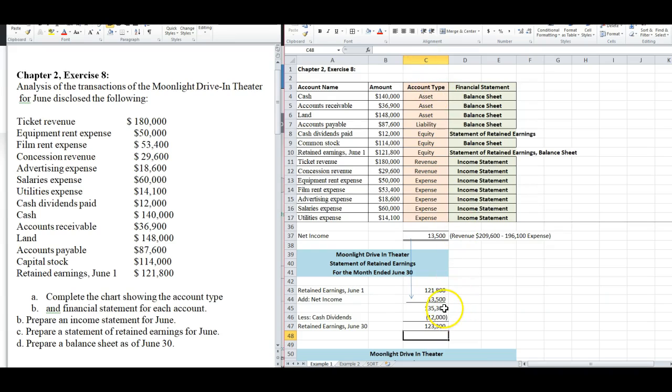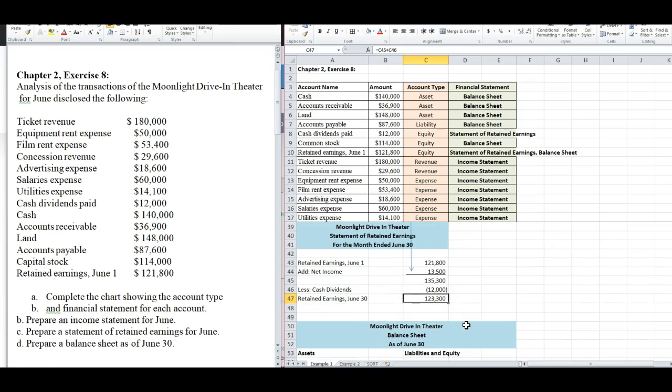So I'm going to take my beginning retained earnings, I'm adding net income, and I'm subtracting dividends, and that's going to give me the June 30th ending retained earnings of $123,300. I need that total from the statement of retained earnings for the balance sheet.